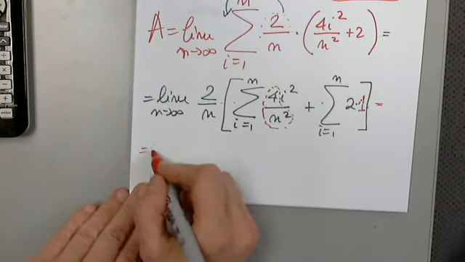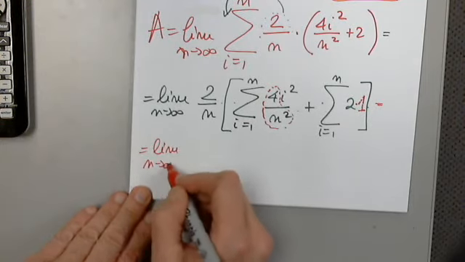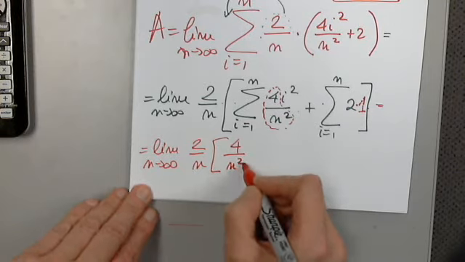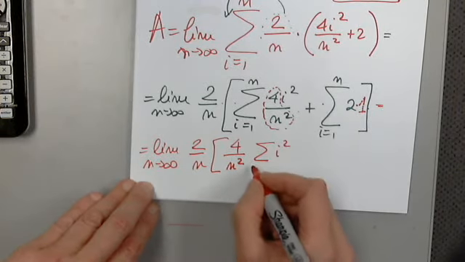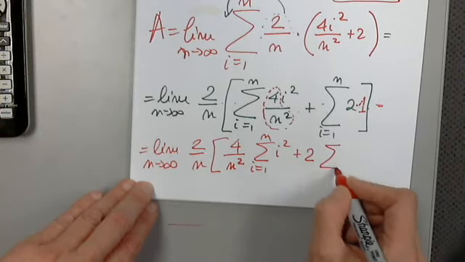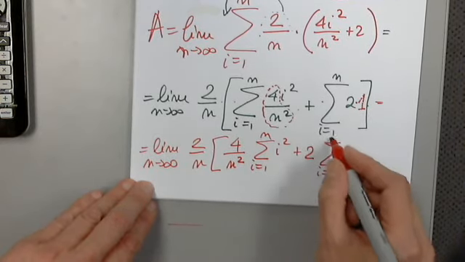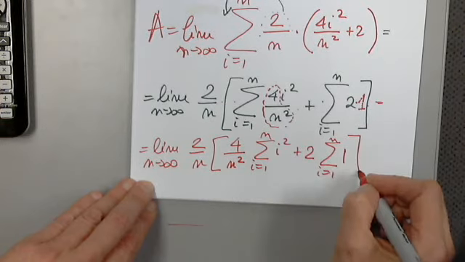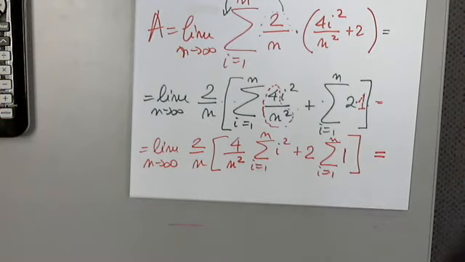So this is the limit as n approaches infinity of 2 over n, times 4 over n squared, the sum of i squared from i equals 1 through n, plus 2, the sum of what from i equals 1 through n? Very good, awesome. Equals.